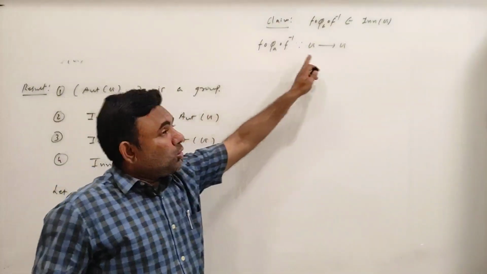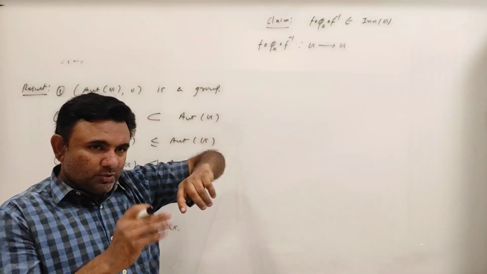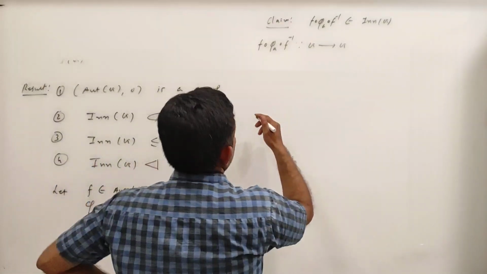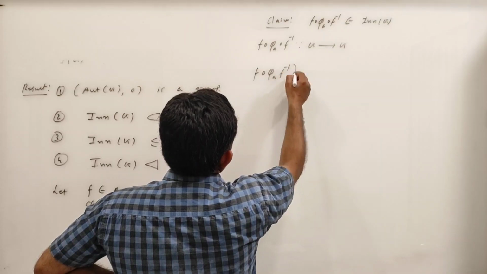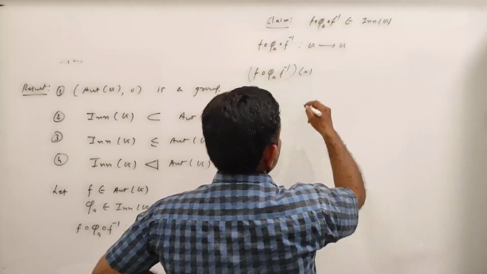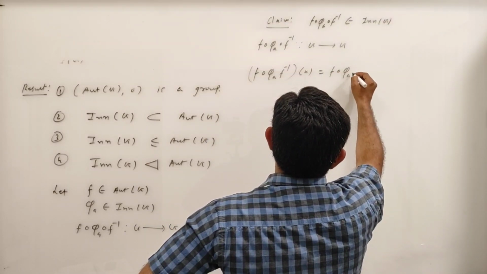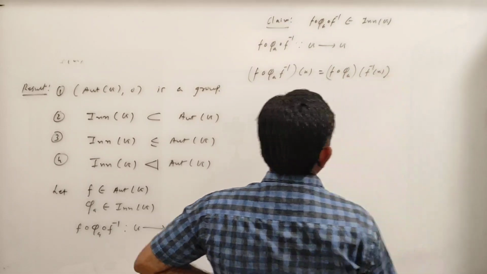So this is first of all an automorphism, but I want to show that the automorphism is of the form phi suffix some element of G. So how do we prove it? See, F O phi A O F inverse, let me evaluate it at X, where X is any element of G. So it is F O phi A at F inverse X.